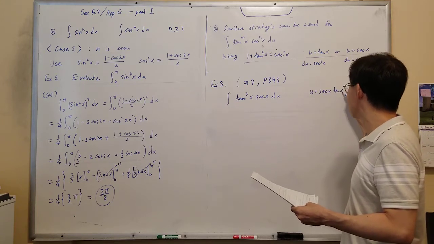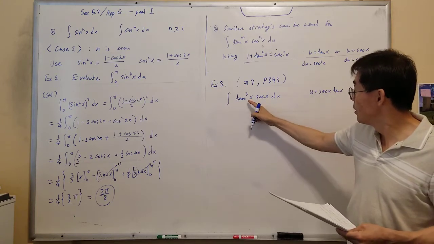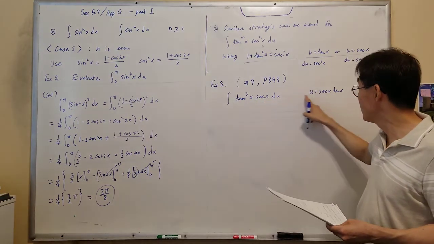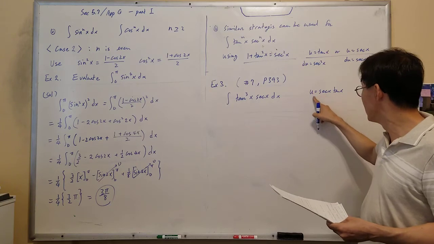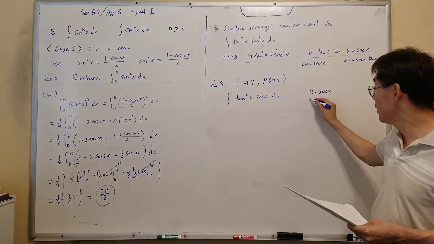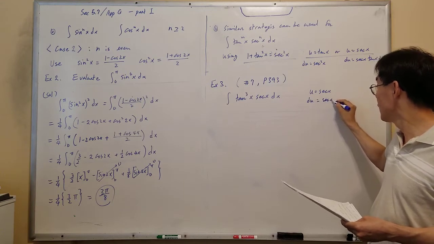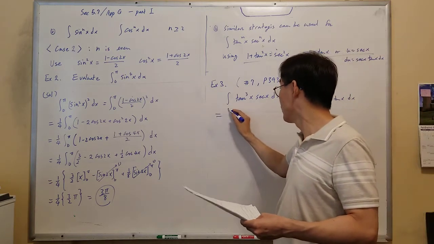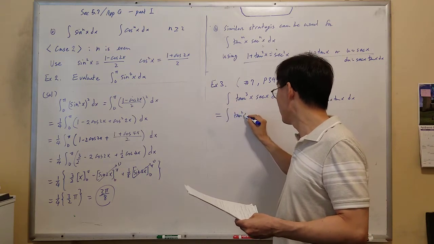Because secant x, take out one tangent, secant tangent x dx will be du. So you want to write tangent squared of x separated.